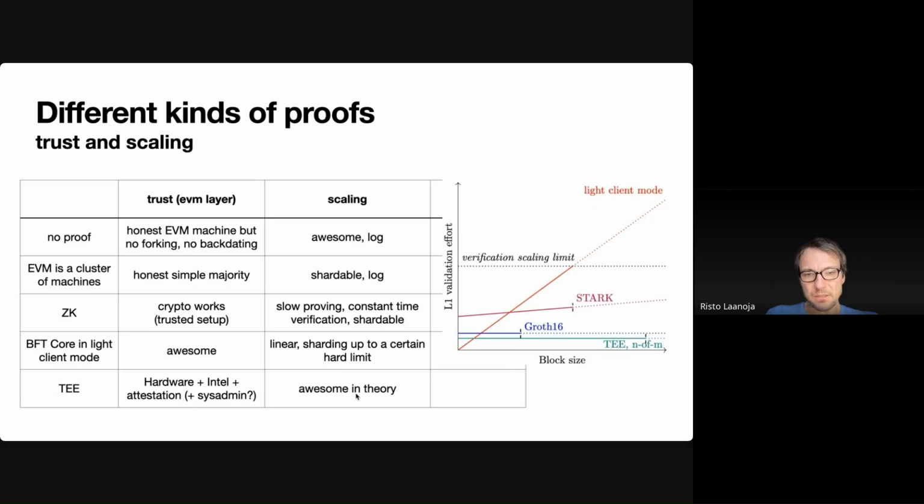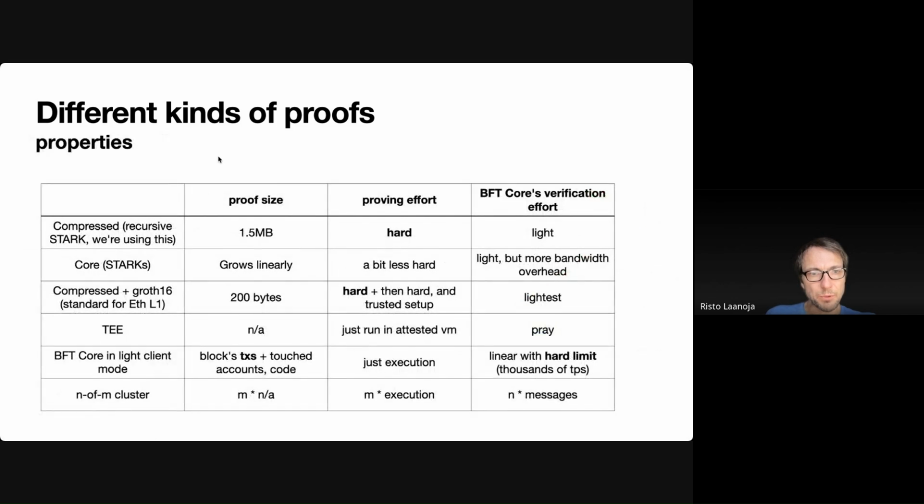In theory, it scales awesomely, but in practice, there are lots of administrative processes, and I do not even know, maybe we have to trust system administrators, which would be super ugly. And we have to trust hardware, we have to trust Intel to manage their keys and whatnot. And a bit more details.